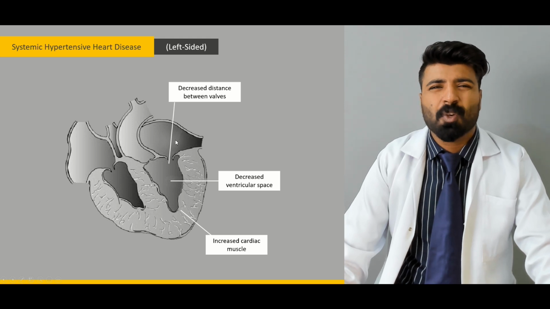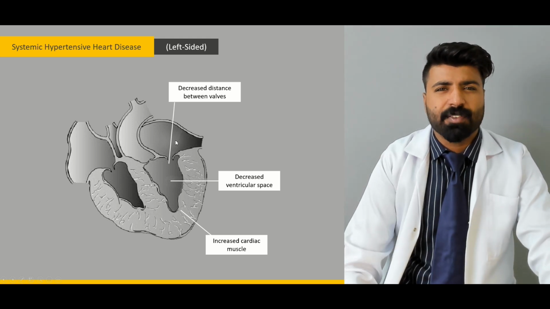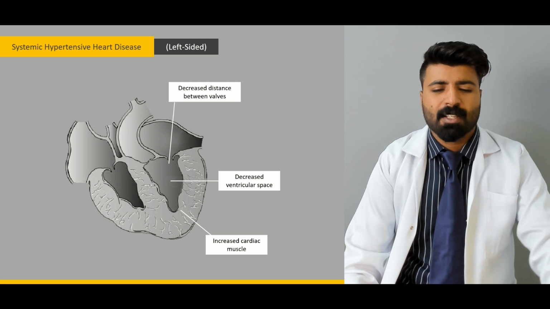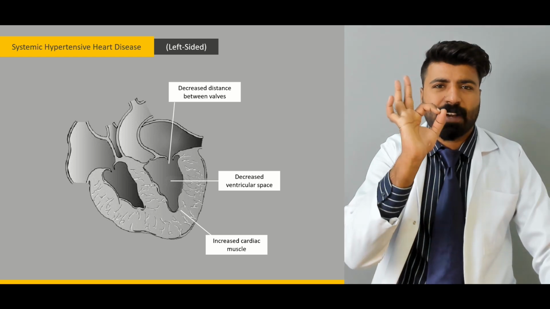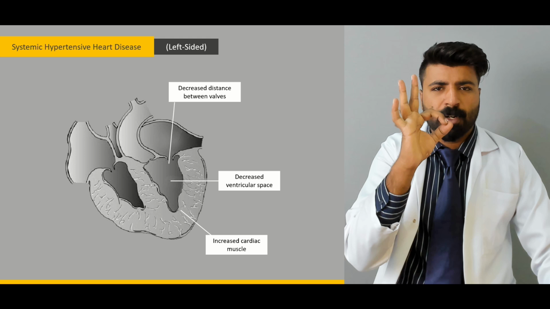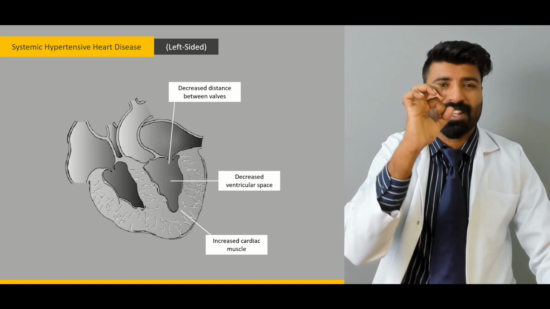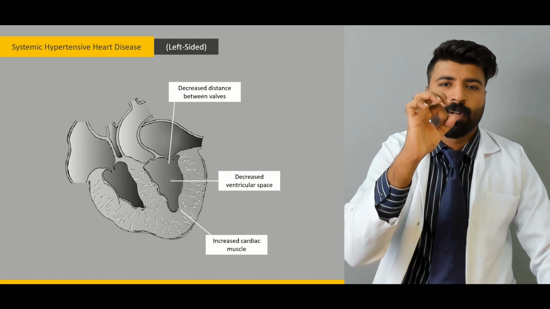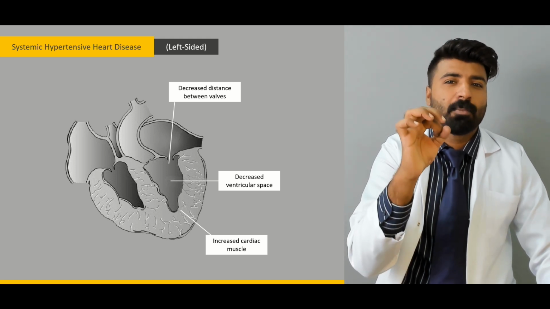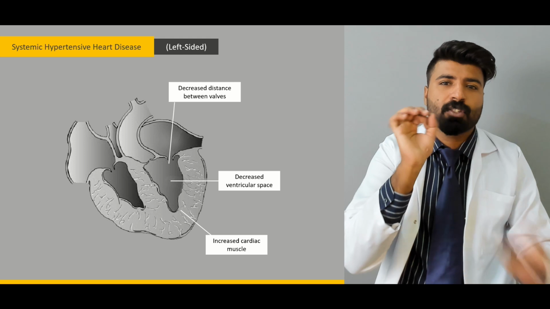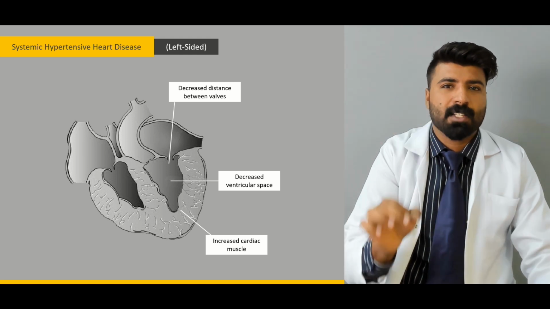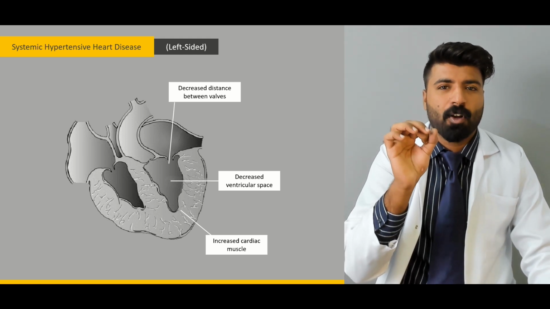So what are the consequences of decreased distance between valves? For example, I have a valve that is this wide, so more and more blood will be passing through. If I reduce the size up to this level, now less blood will go through, but more pressure will be required to push the blood out of this space, out of this distance between the walls.